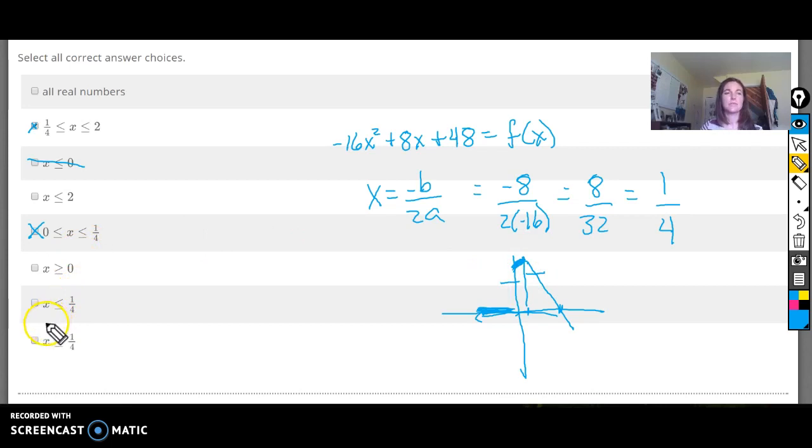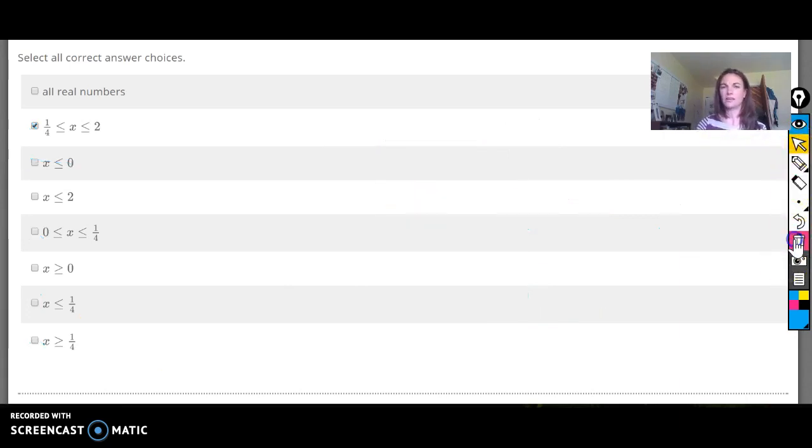X less than 1/4, that'll work because it includes this set of positive values. And then of course, x greater than 1/4 is just this side. So hopefully that piggybacked with what I was talking about initially. That all makes sense. Let me just clarify which one of these should indeed be checked here.